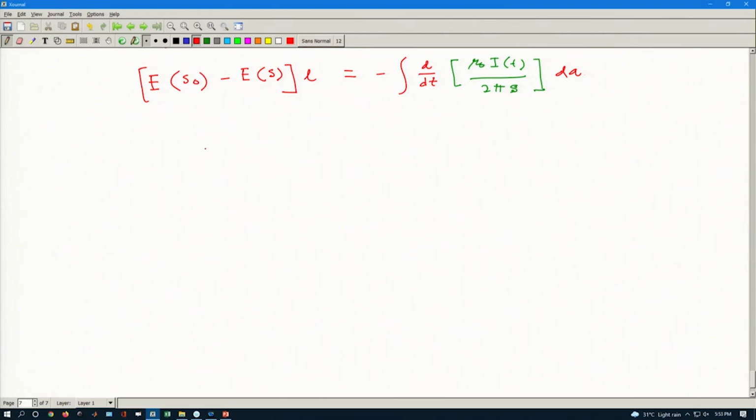So, mu 0 is a constant and can come out.